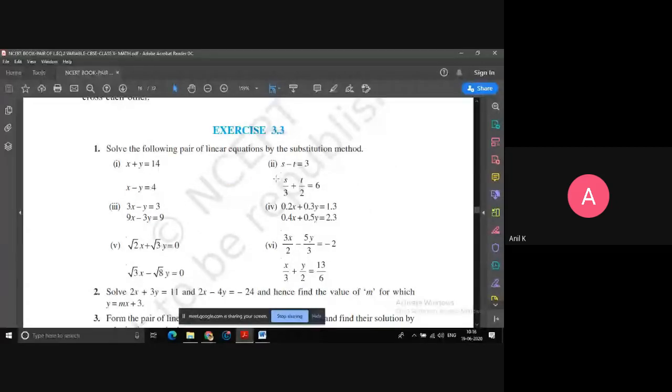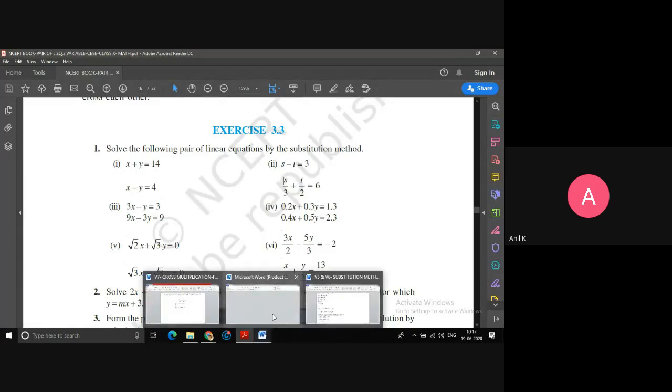Here you have s upon 3 plus t upon 2 equals 6, and you have fractions here. So before you solve the equation, simplify it. You go for the LCM. For the second equation, the LCM is going to be 6, 3 into 2.